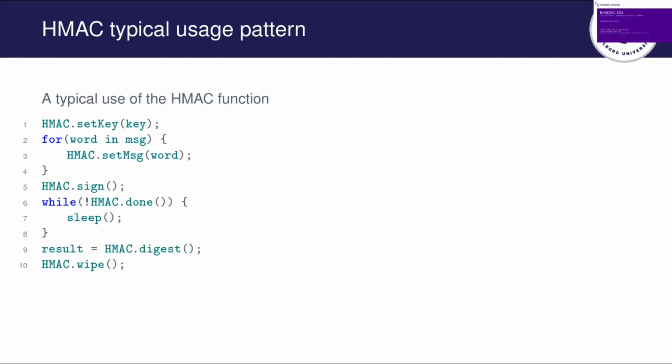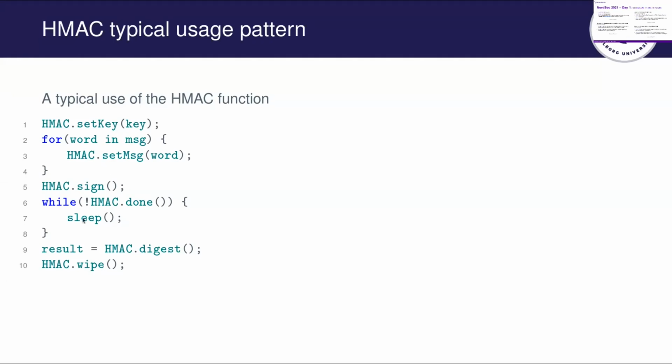So a typical use of the HMAC module might be something like this: I want to create a message authentication key for some message. So I write my secret key, which I need to be careful doesn't leak anywhere. Then I write all the data of my message to the module and ask the module to sign it, and wait till it is done.